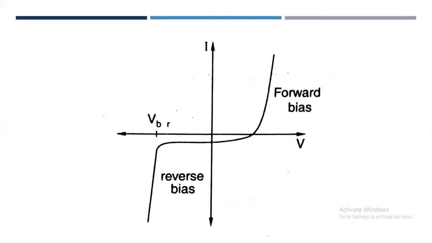Now, as we have seen the current flows in reverse bias and forward bias, this curve shows the current voltage curve of the PN junction.